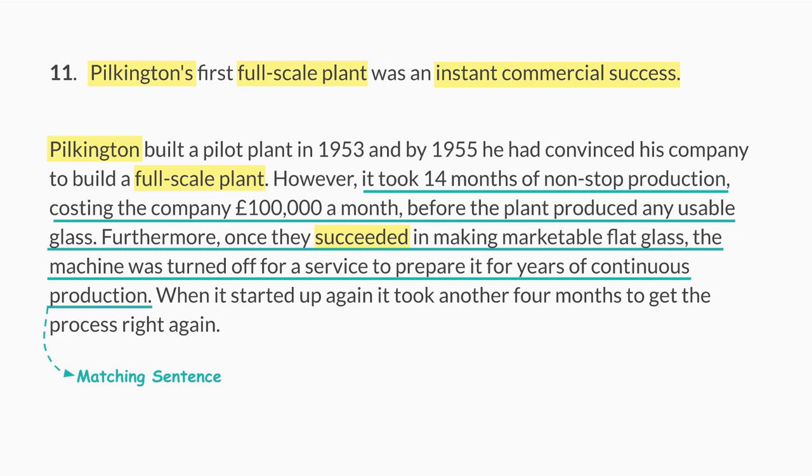Let's keep reading on. I'm not sure if I found my answer yet, so I'm going to keep reading on. Furthermore, once they succeeded in making marketable flat glass, the machine was turned off for a service to prepare it for years of continuous production. So here it says that after they succeeded in making a marketable flat glass, the machine was turned off.